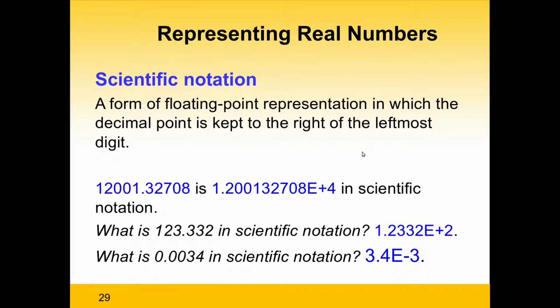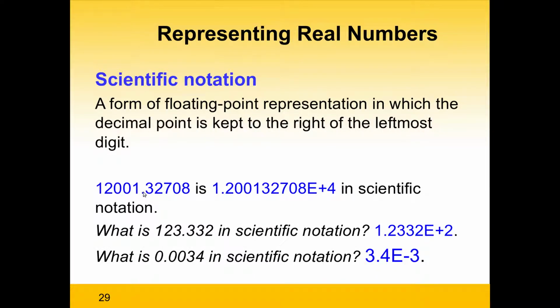Now, a form of floating point representation in which the decimal point is kept to the right of the leftmost digit is called scientific notation. For instance, with this real number, we take the decimal point and move it to between the first and the second digit, in other words, between the 1 and the 2.